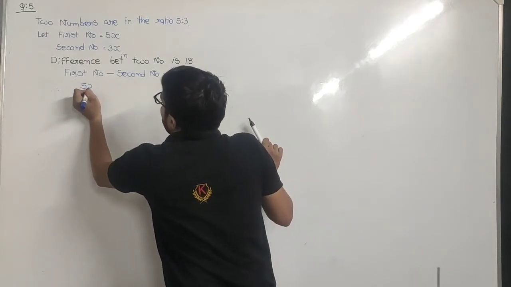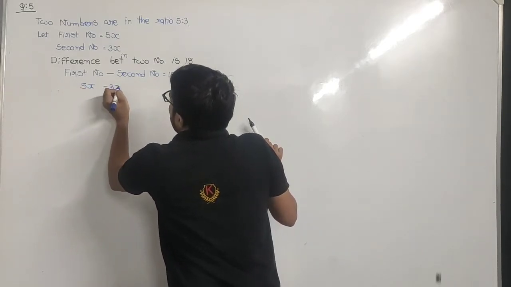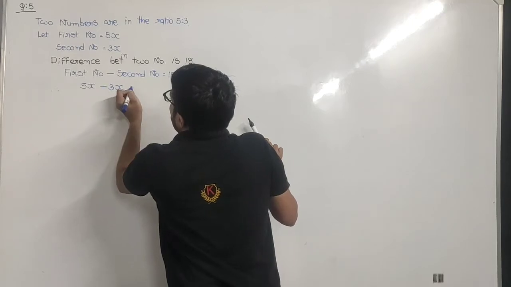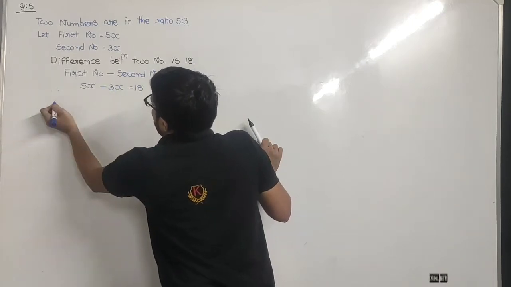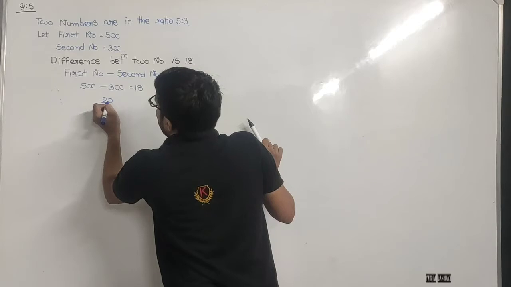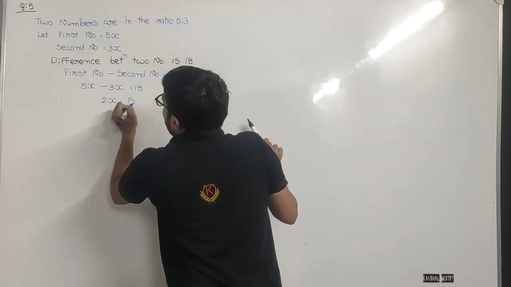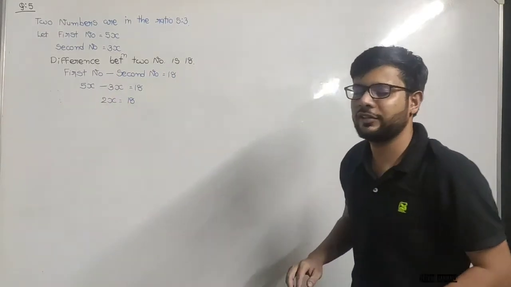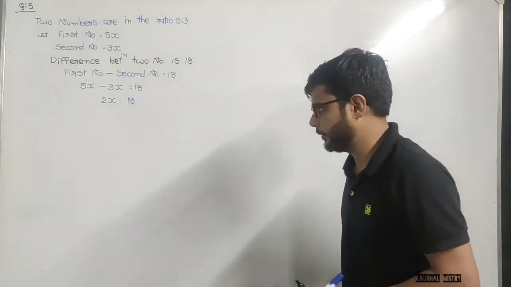Therefore 5x minus 3x is 18. So therefore 2x is equal to 18, because 5x minus 3x will be equal to 2x, right?